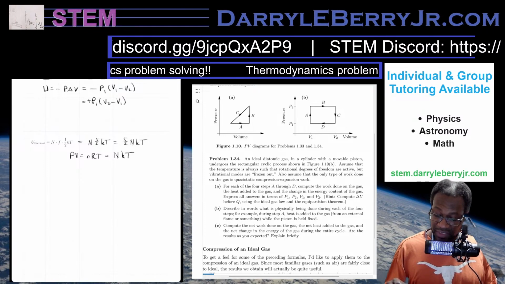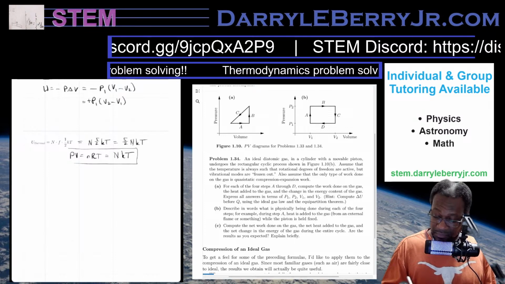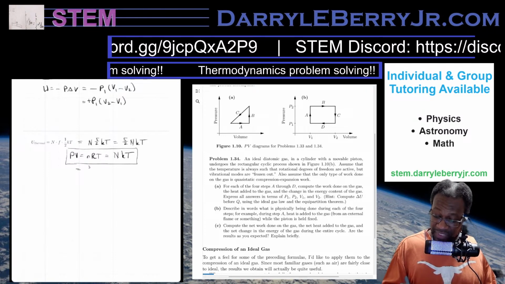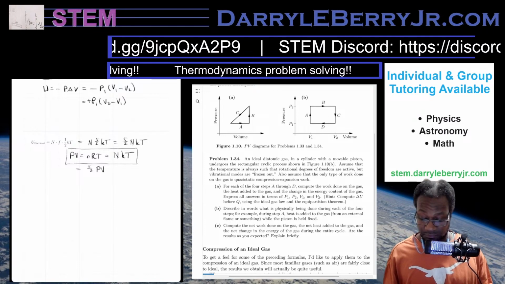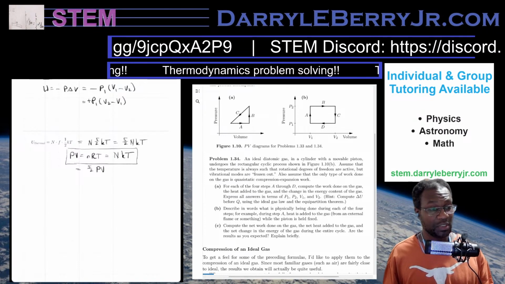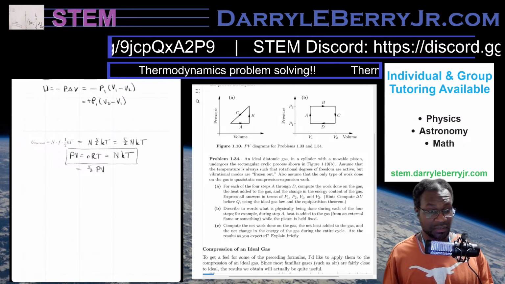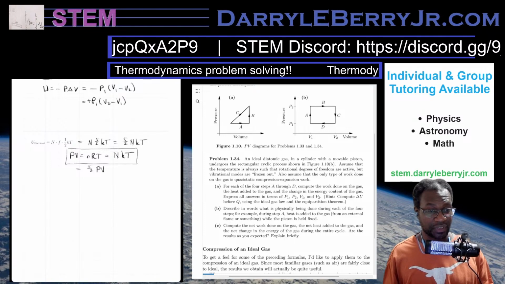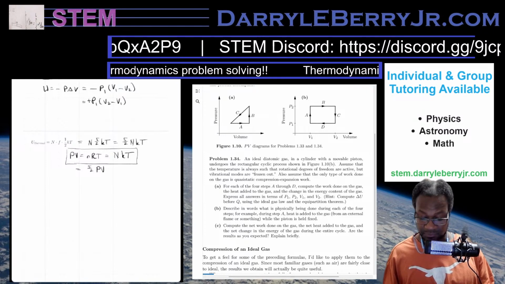So we have pressure and volume, and we can say that this equals 5 over 2 PV. Therefore, the change in U during any step is 5 over 2 times PF VF minus PI VI. Interesting.